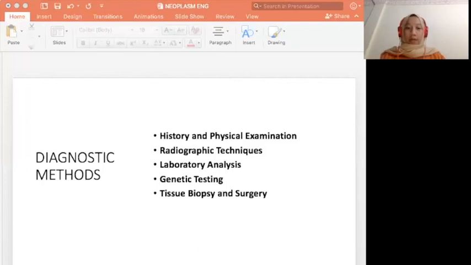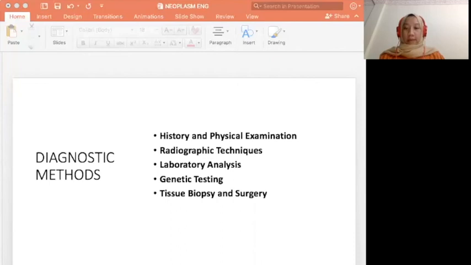Next, radiographic techniques. This technique can be achieved by using X-ray, CT scan, MRI, mammography, or ultrasonography. And this technique may aid in staging and determination of the therapy that is going to be used.